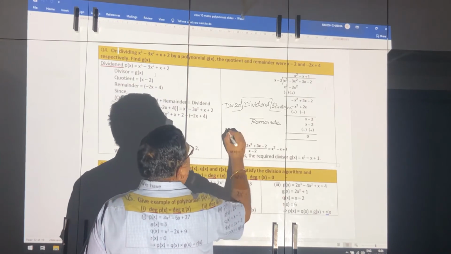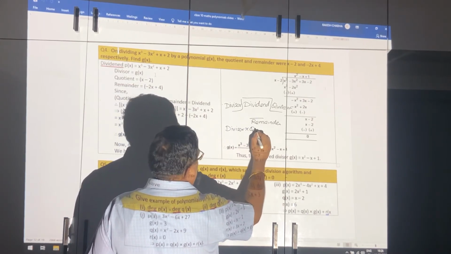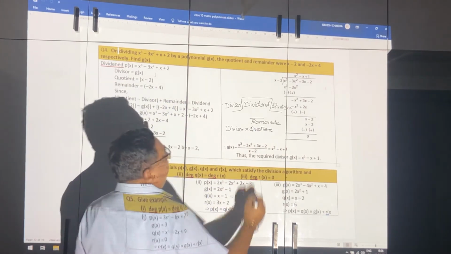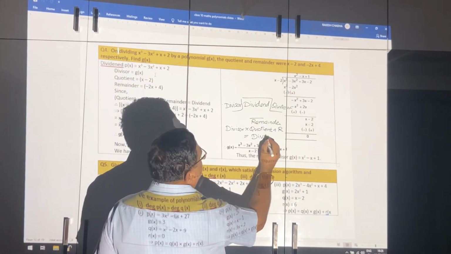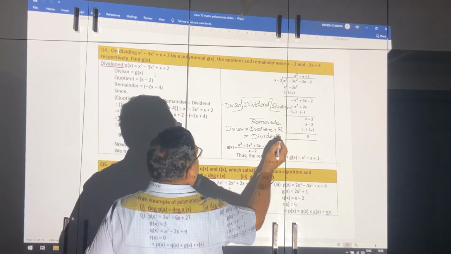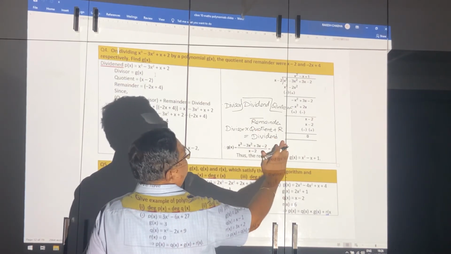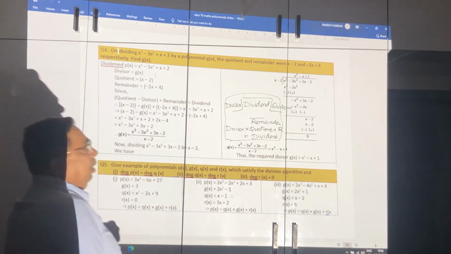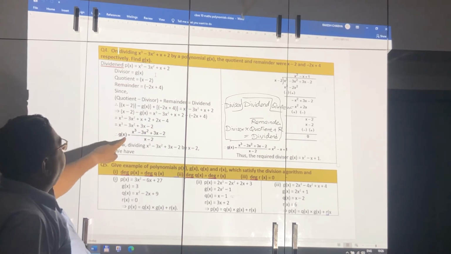So divisor into quotient, plus remainder will give me my dividend. This was taught to you. Here we have taken a shortcut by directly subtracting, so plus becomes minus, and life becomes easy. This is what you actually learnt in school. So this is how we do it. We substitute and we get gx.